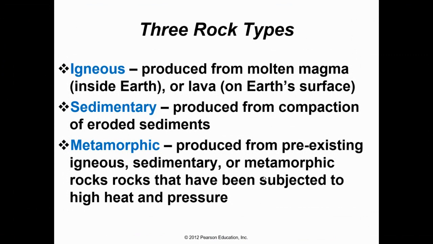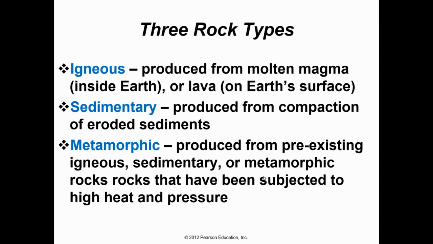These are rocks that are produced from magma, which is molten earth material, so basically melted rock. Or igneous rocks can be produced from lava, which is also molten earth material. It's the same exact stuff as magma. It just has a different name.